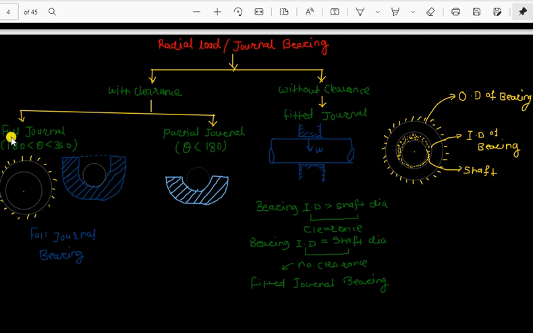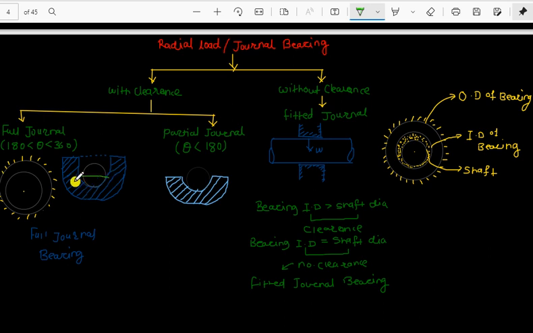Now, if the angle or the contact surface enclosed by an angle, here you can see, let us say this is the half portion of the shaft. Here I am drawing. This is the half portion, that means this is, let us say, the diameter.